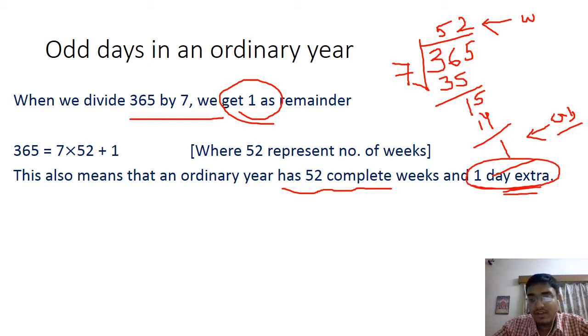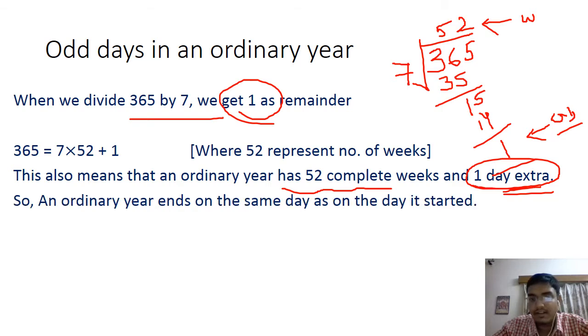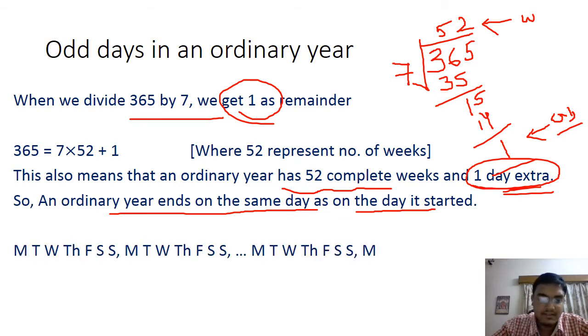And what this 1 extra day will do, let us see in our next line. This means that an ordinary year ends on the same day as the day it started. That means if 2005 started on Monday, that is 1st January 2005 was a Monday, this means 31st December 2005 was also a Monday. Like this, we have January 1st, January 2nd, January 3rd and so on. So these will follow.